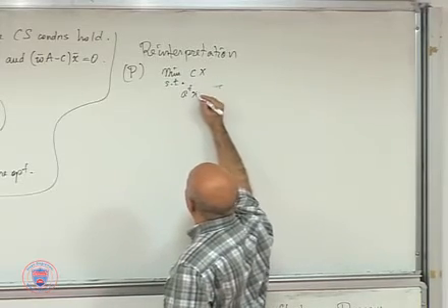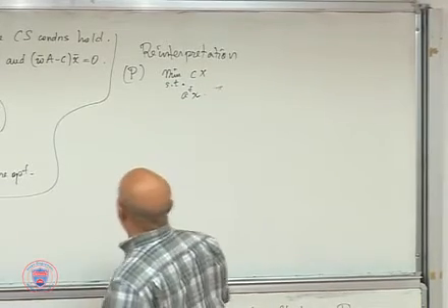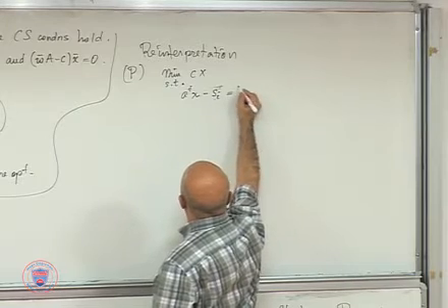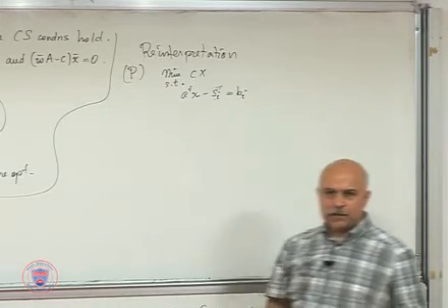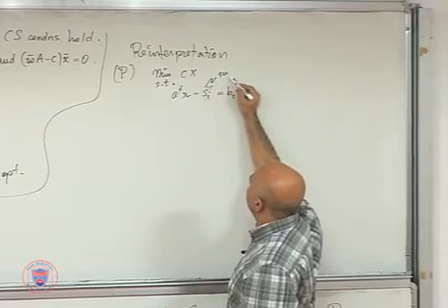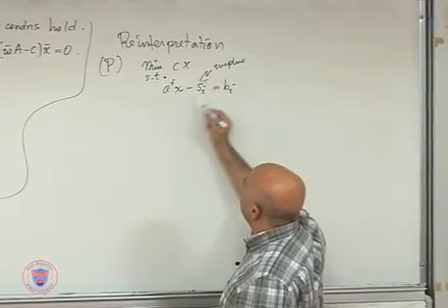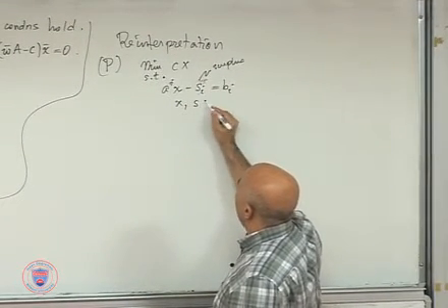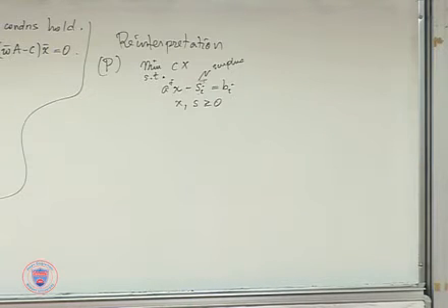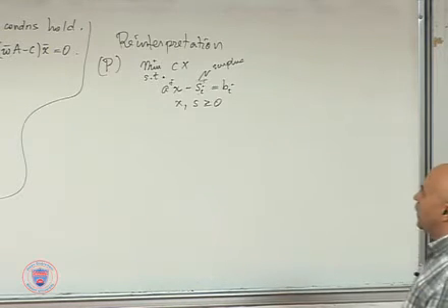Sorry, Aix is greater than or equal to bi. So if I subtract a surplus variable, you get equality. Okay? This is surplus. And all original variables as well as surplus variables are non-negative.